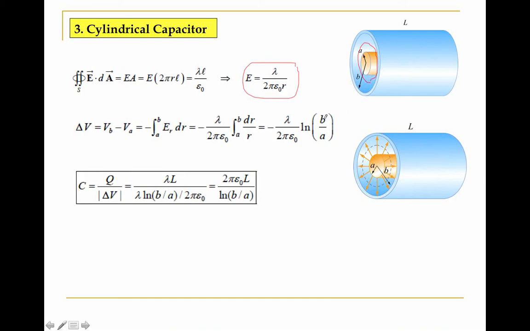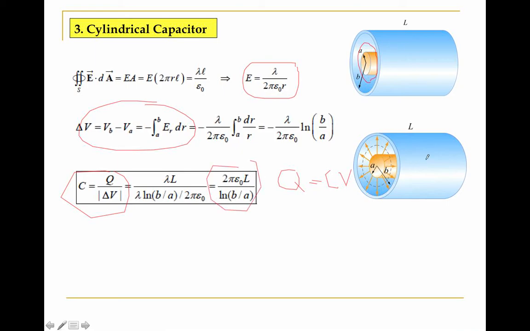All right. So again, if I want delta V, I use this expression, and from there I find, after you integrate 1 over r, which gives you the natural logarithm of r from a to b, and then you do all the integration, this is V. Again, you use Q equals C V, and I think we've done that in class, then you get the capacitance for the cylindrical plate capacitor.